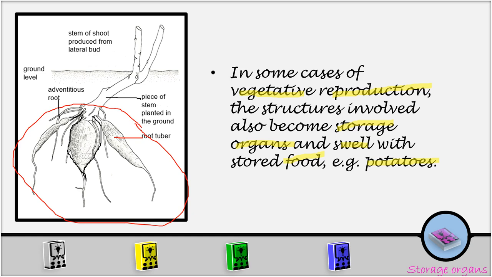All the food that has been produced from the leaves is brought down and stored in this organ. So in vegetative reproduction, some of the structures become storage organs, whereby they swell and store food. Examples are sweet potatoes, cassava, Irish potato, yams, and so on. Those ones swell and store food.